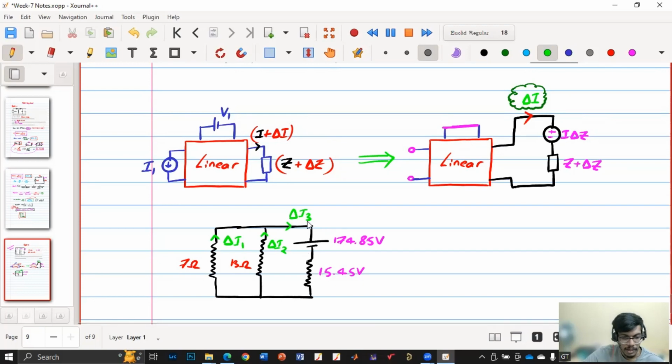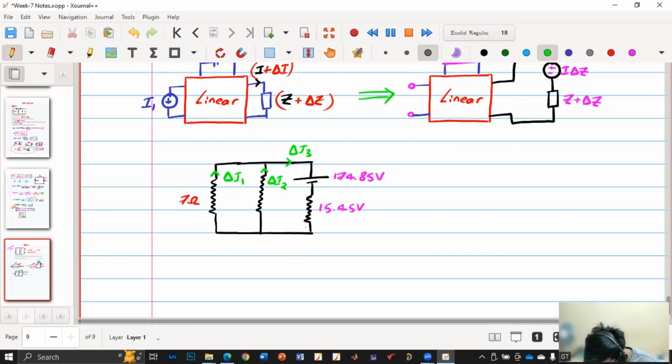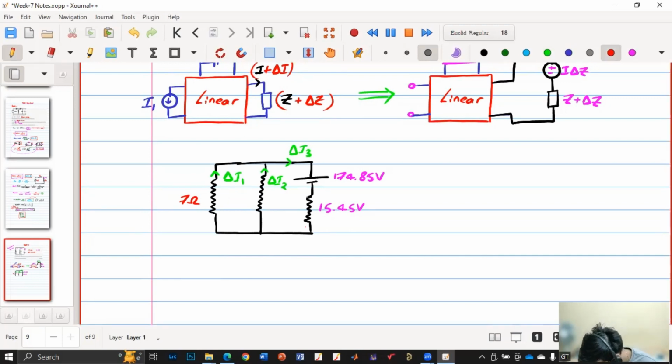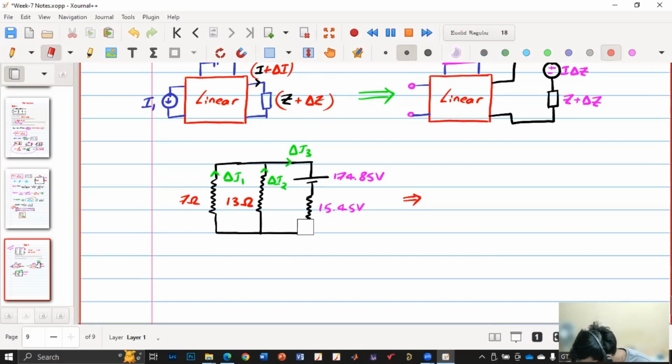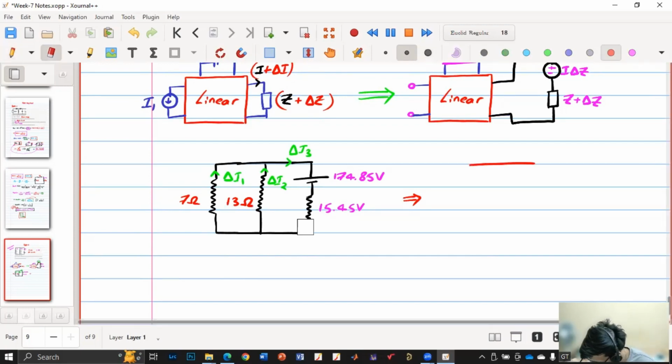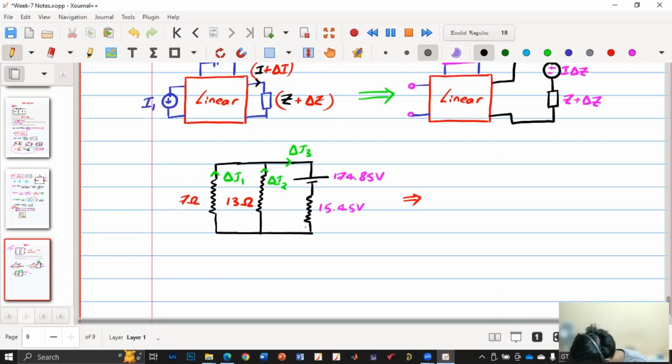So delta I3, delta I2, delta I1 are negative, and I keep that in mind while solving. How to solve this? First we'll convert this 7 and 13 ohm into a single resistor. What will be the parallel of 7 and 13 ohm? 4.55 ohms. Okay.